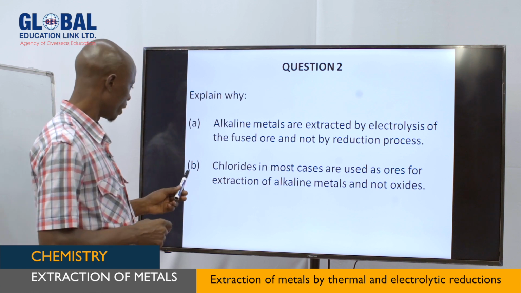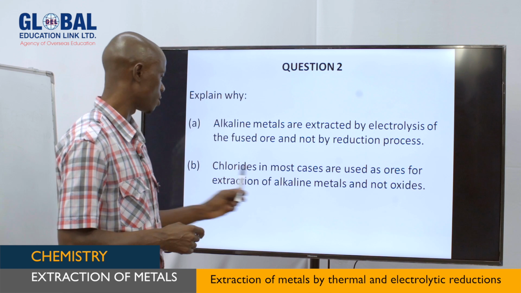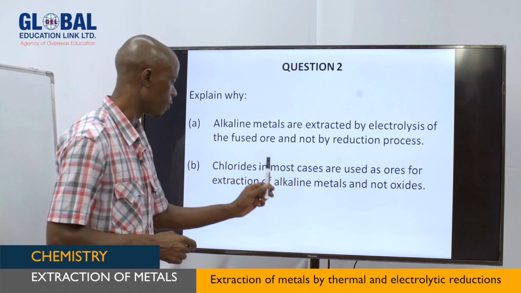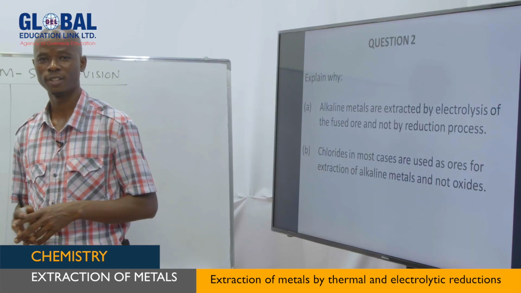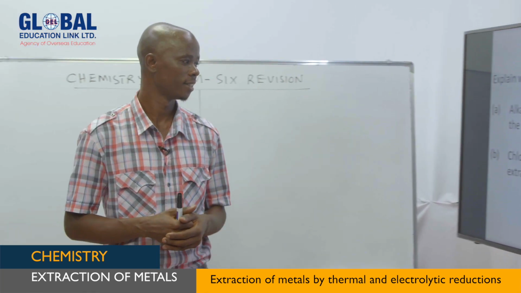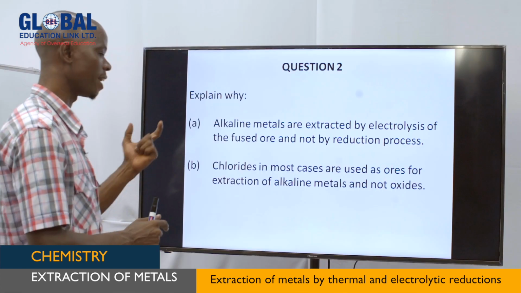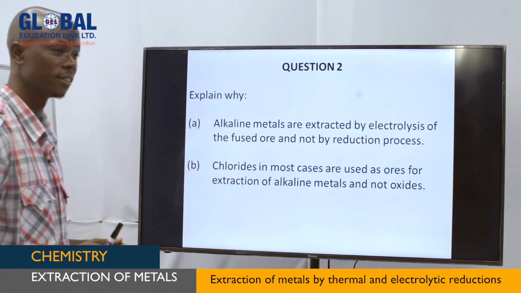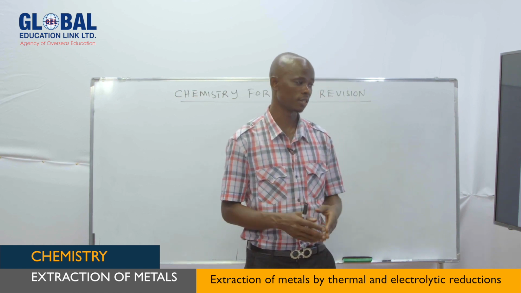Now, from there also we have B. Chlorides in most cases are used as ores for extraction of alkaline metals and not oxides. Can you see that question as well? That question also is similar to the one that I have given you the reasons for here. It is very similar. It is not different. So it is simple. Give the reasons why chlorides are mostly used as ores for extraction of alkaline metals and not oxides.